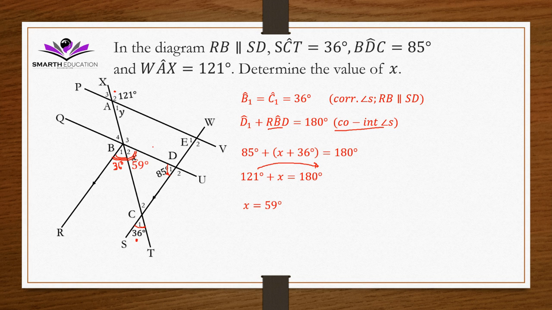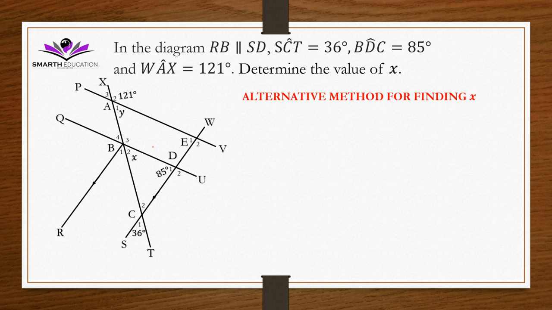The other method that you can use to find the value of x: if you check here, what do we have? C1 and C2. These two angles are vertically opposite angles, so they are equal. So this angle is 36 degrees.